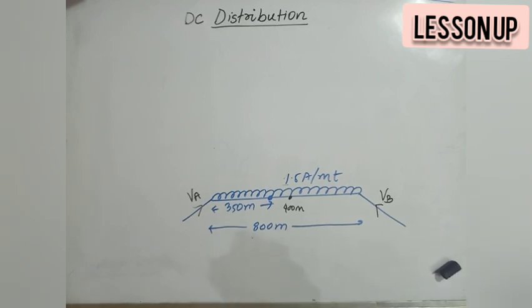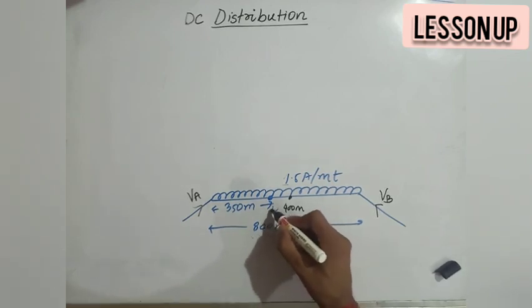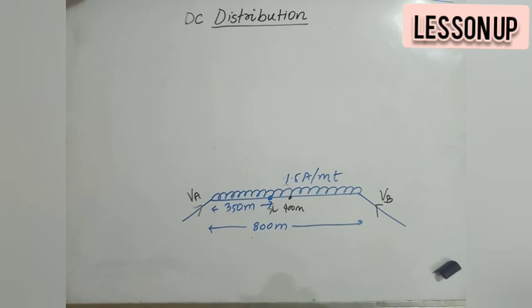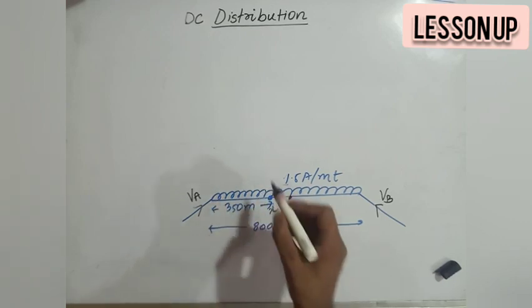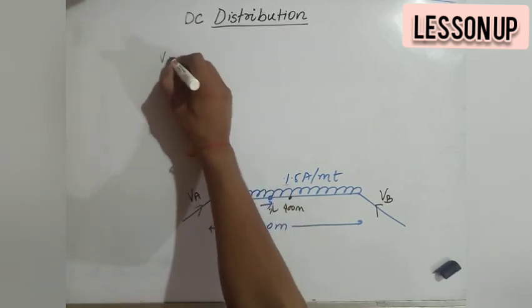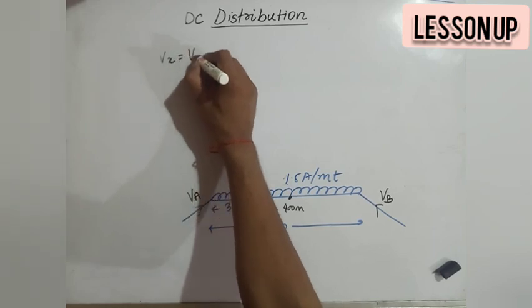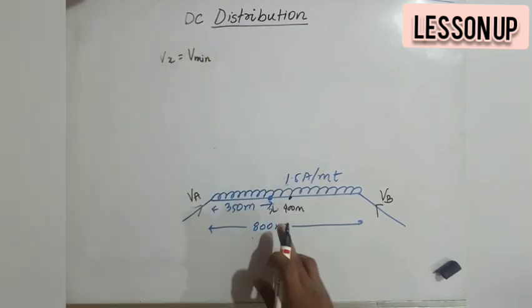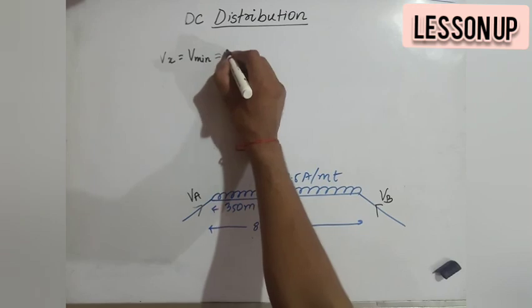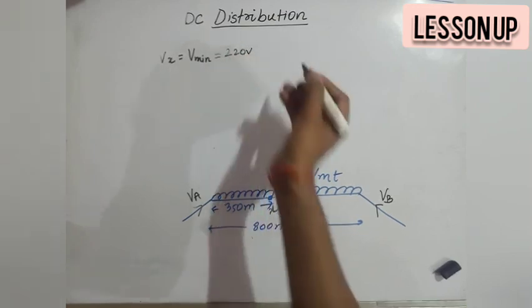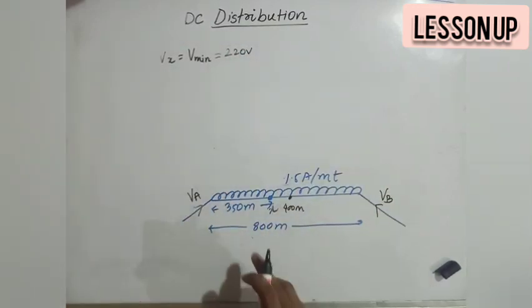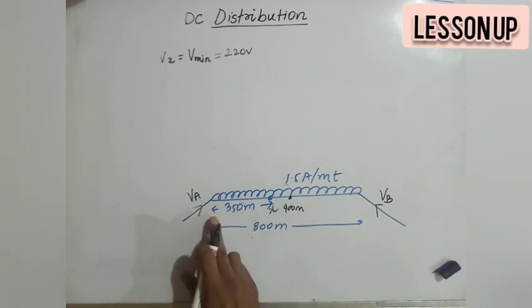Now suppose this is point X, and it is given that Vx, which is the minimum voltage at this point, is 220 volt, given in the question.